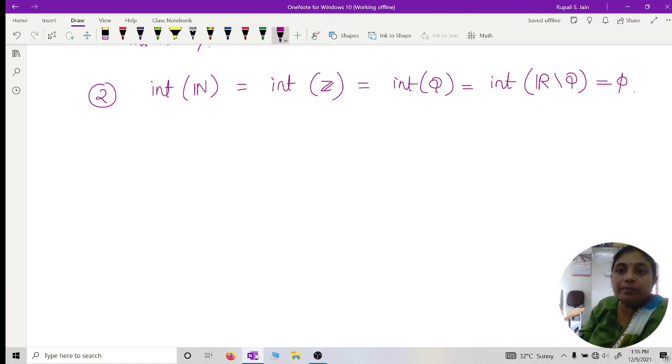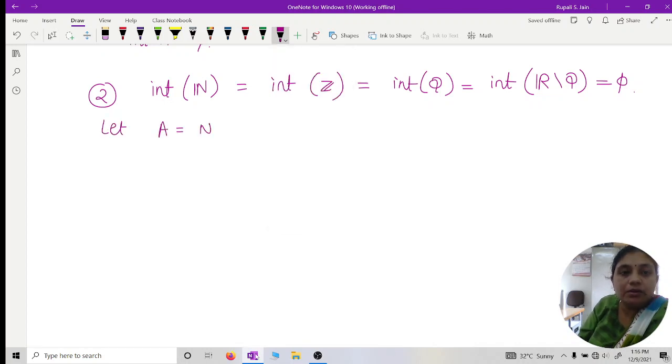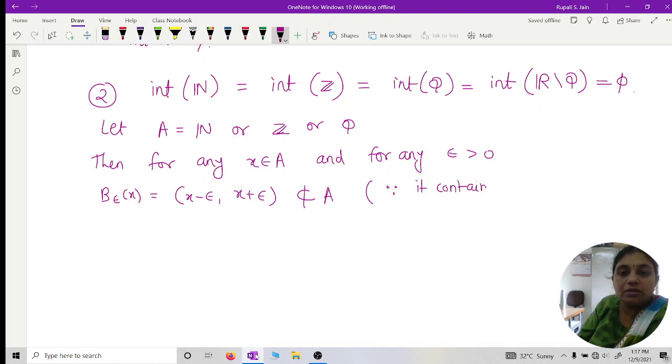Okay, so we can write over here: let A be equal to N or Z, same proof, or Q. Then for any x in A and for any epsilon greater than 0, B_epsilon(x), that is (x minus epsilon, x plus epsilon), is not contained in A, because it contains irrationals, whereas A does not.